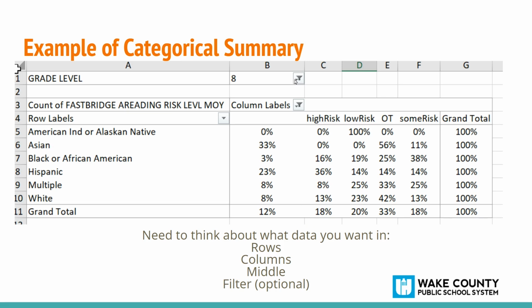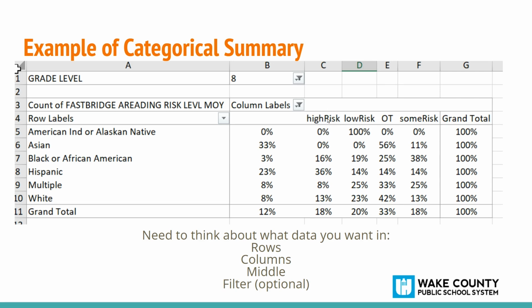If we wanted the percent of the column, that's a little bit different. So a percent of the column would have 100s down at the bottom of the column, 100%. And we would read it to say, of the students that are high risk, a certain percent are Black African American. That's not true in this table because that's not how we set it up. But if we wanted percent of a column, we would be saying this is the group of students.